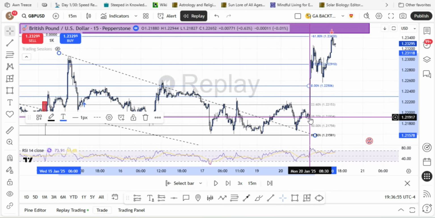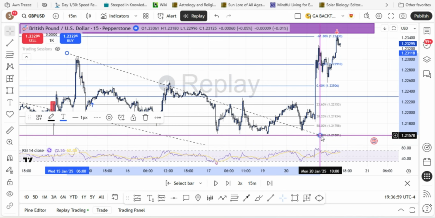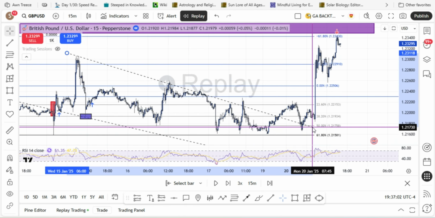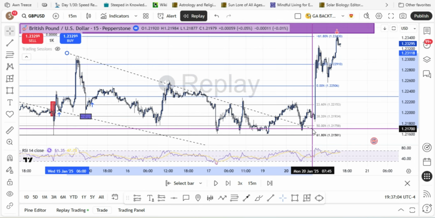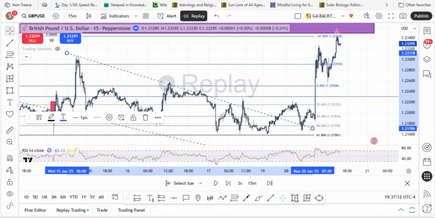Maybe it's not the prettiest trend line. And maybe it would have been more like that. That looks good. Okay, so this could have been another entry.